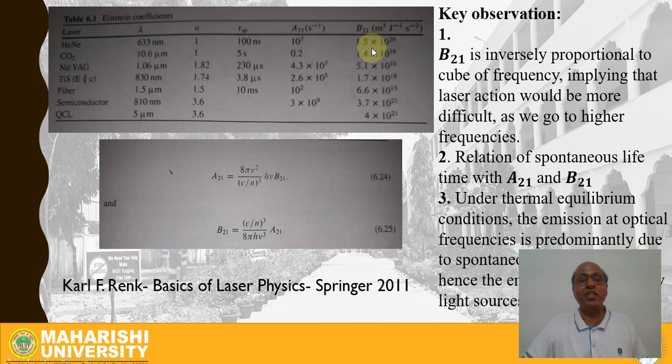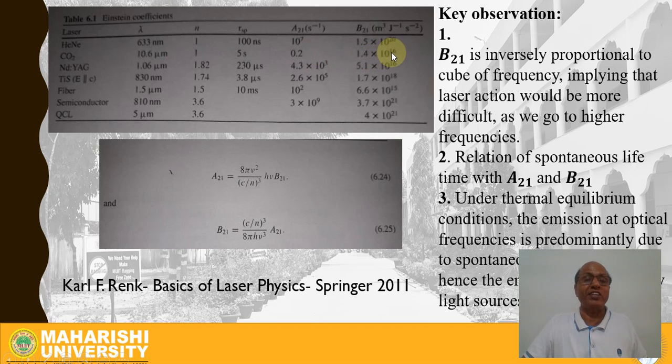Now here you can see the A21 is very high. Of course B21 is high too, so this is a reasonable condition, that even though A21 is high, B21 is also high. Now if the spontaneous lifetime is 5 seconds, then for a CO2 laser the wavelength is on a very high side, and the spontaneous emission is very low.